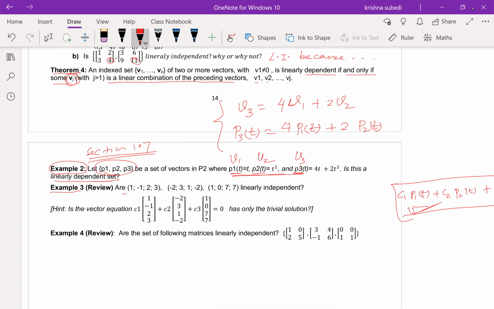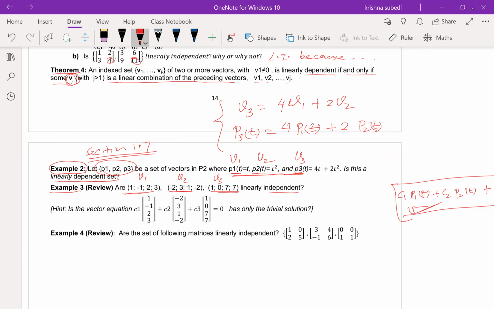Example 3. Are these vectors linearly independent? If we want to show that these vectors are linearly dependent or independent, what we do is consider this. Let's say this is my V1, V2, V3. And using Theorem 4 is kind of difficult in this case.